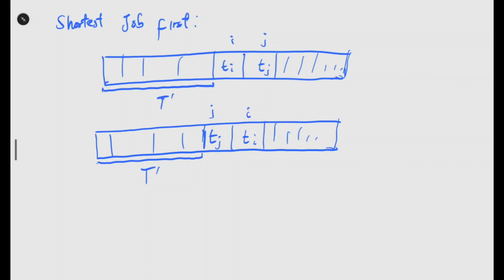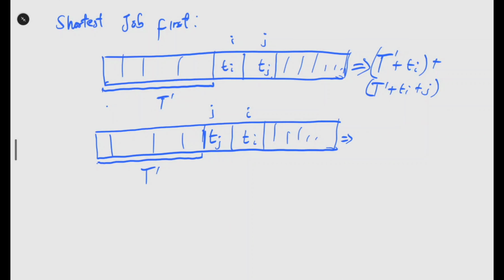Let's check out the wait time. The total wait time of all jobs for this one up till I will be T prime plus TI, everything up to here, and the total wait time up to TJ would be T prime plus TI plus TJ.